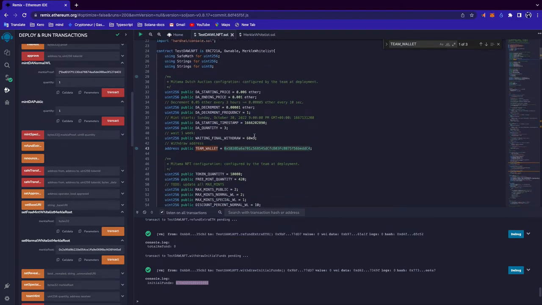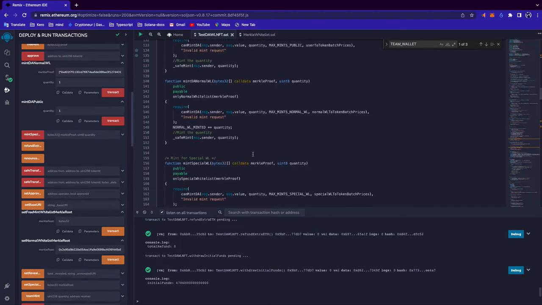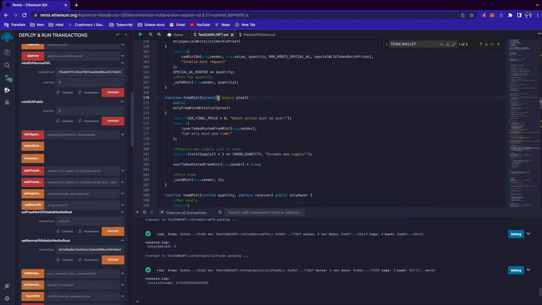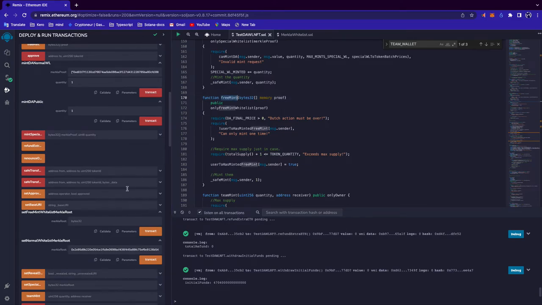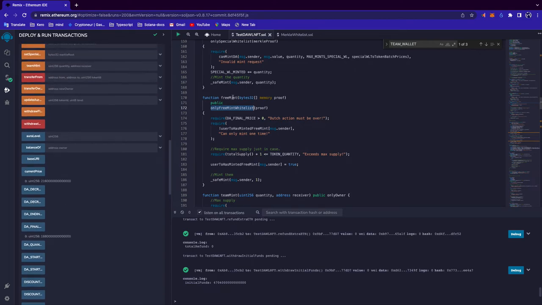After the whole public minting process has ended, this contract can accept free mint NFTs, which is described here. The free mint quantity is currently 420. So let's do that free mint. For a person to invoke the free mint function, their wallet address is recorded on the free mint whitelist, so they can mint.